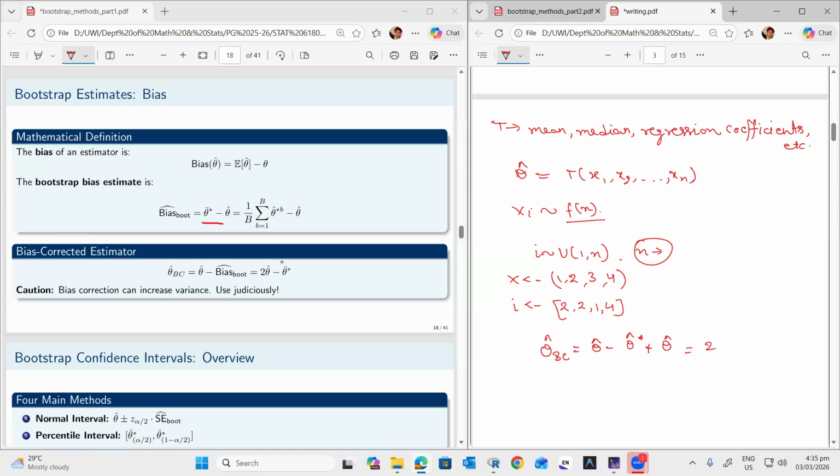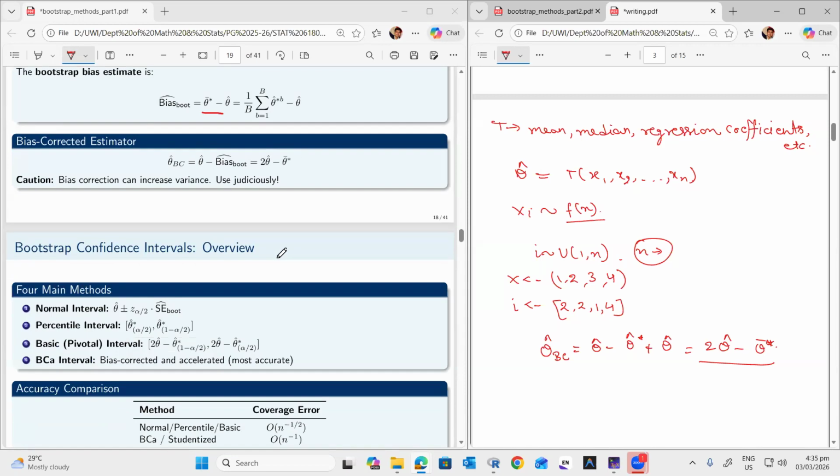So it is basically 2 theta cap minus theta bar star. That is your corrected bias. So bias correction reduces the systematic bias but may increase the variance.